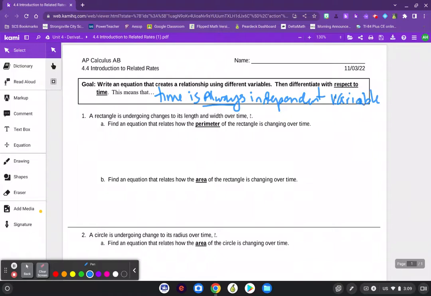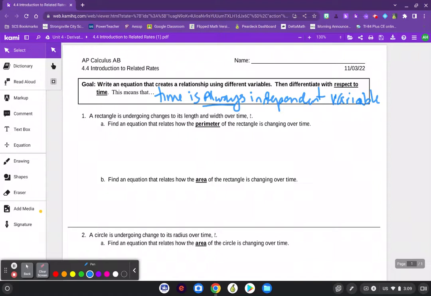All right, so time is always the independent variable, even though you might not always see the word time mentioned. It's this unspoken word that time is the independent variable.